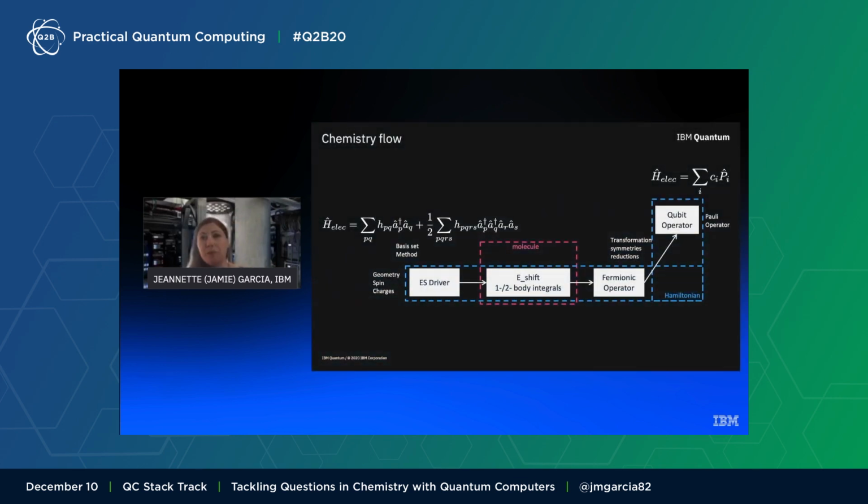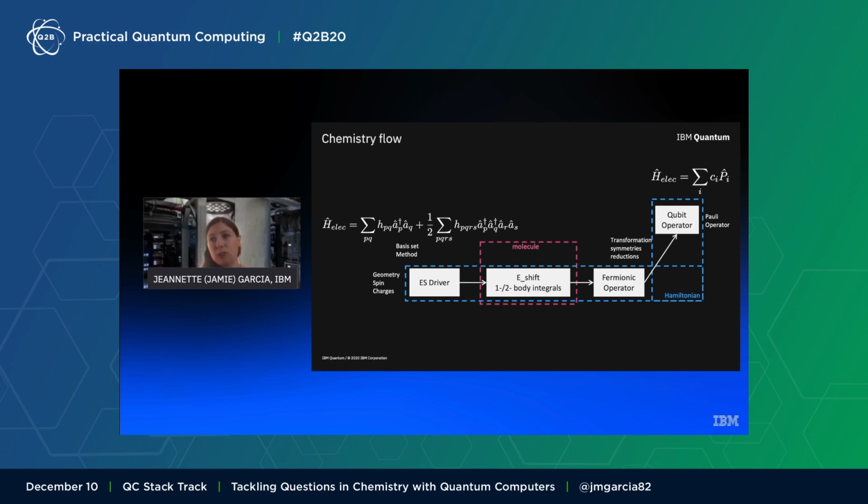And bottom line, we do a lot of work. There's a lot of mathematics behind the scenes to understand how a chemistry molecule behaves. So effectively, what we want to look at is our second quantized fermionic Hamiltonian, in terms of the basis set method.